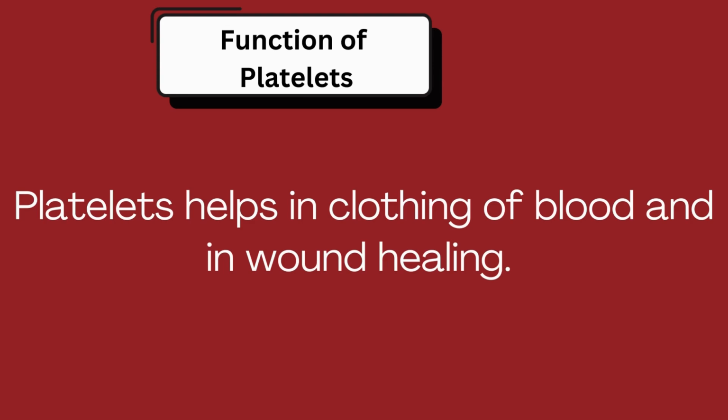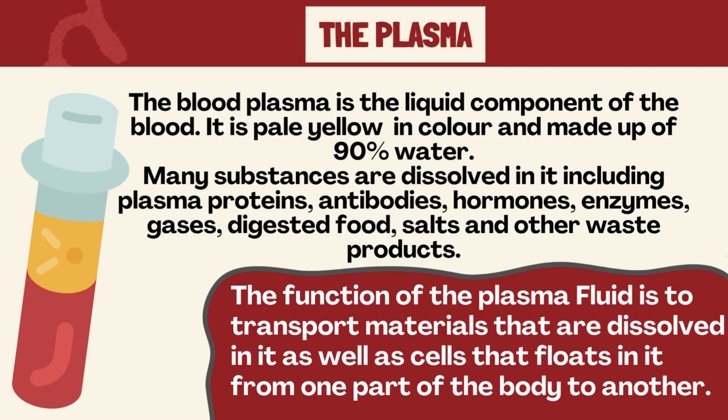The other part of the blood, which is the liquid portion, is the blood plasma. The plasma is the liquid component of the blood. It is a pale yellow liquid made up of mainly water, about 90%. Many substances are dissolved in the blood plasma, including plasma proteins, antibodies, hormones, enzymes, gases, digested food, salts, and other waste products.